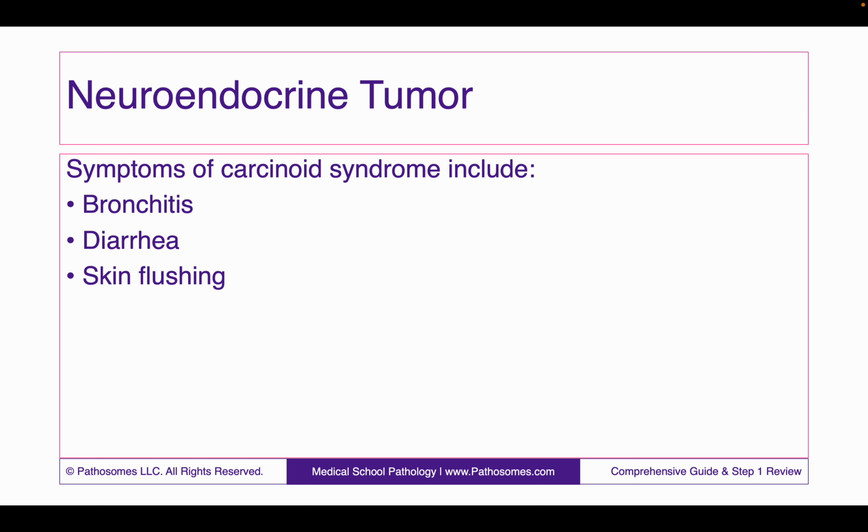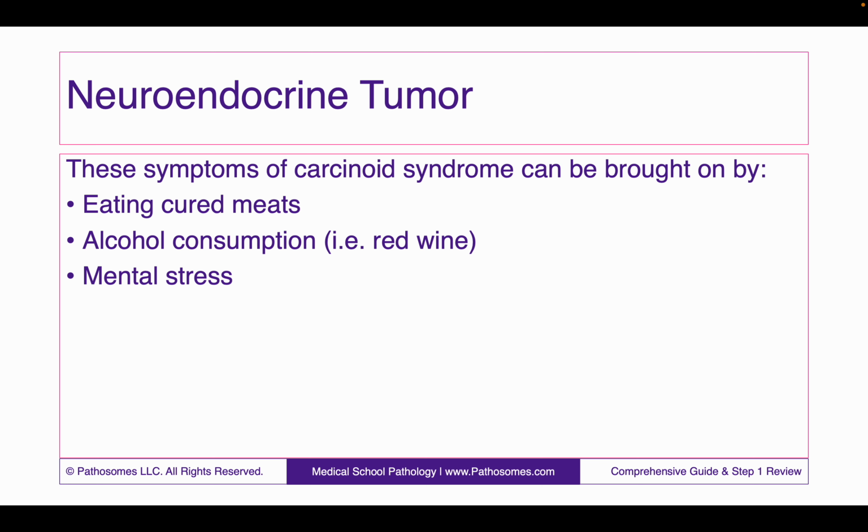So clinically, the symptoms of carcinoid syndrome include bronchospasm, diarrhea, and skin flushing. And these symptoms of carcinoid syndrome can be brought on by eating cured meats like salami, pepperoni, right? Mamma mia! Alcohol consumption, such as red wine, and mental stress.